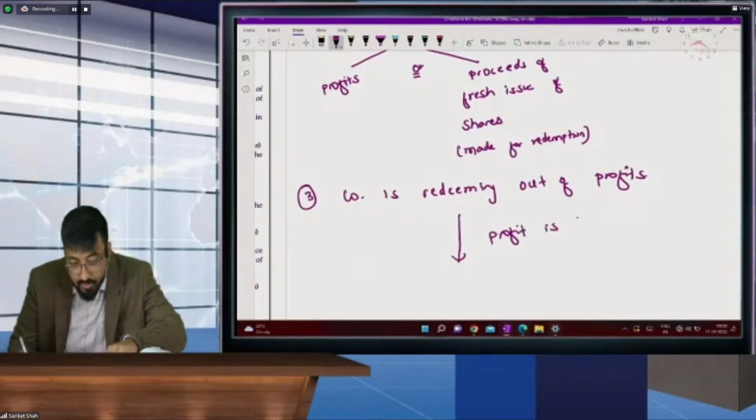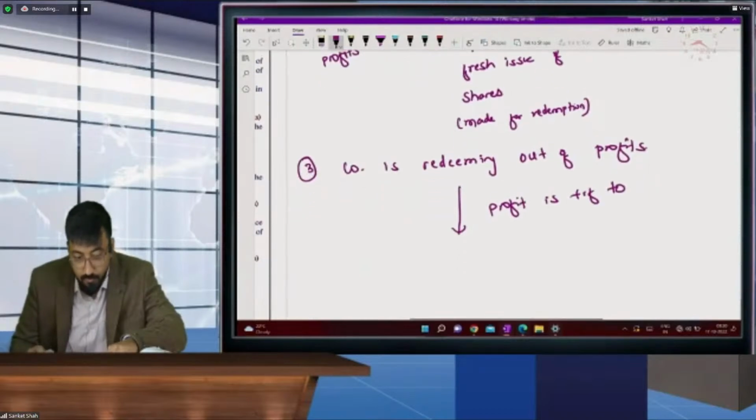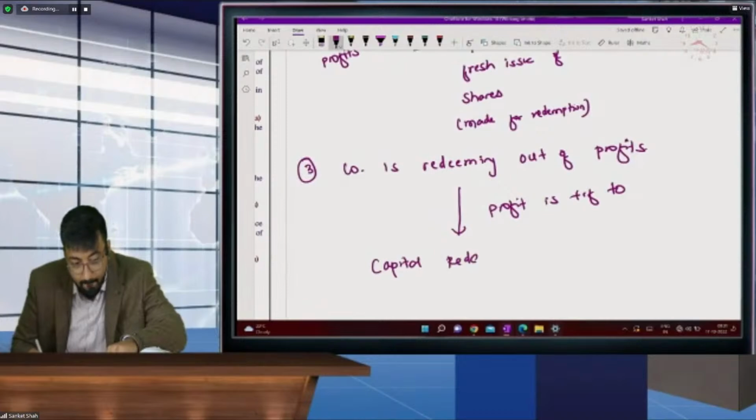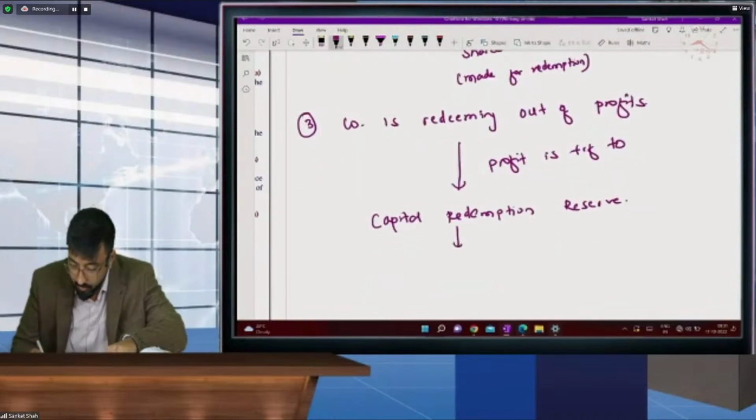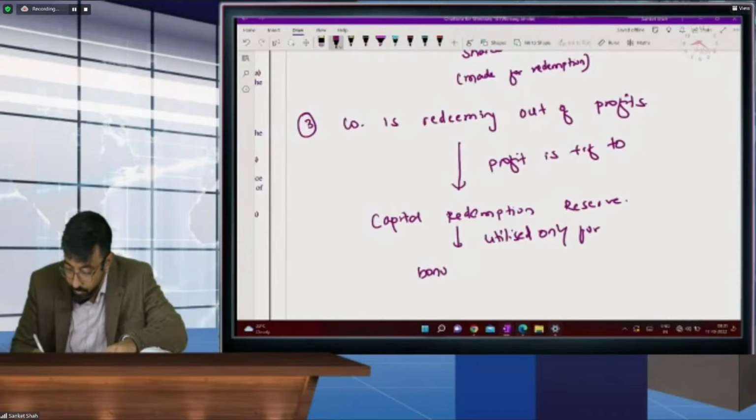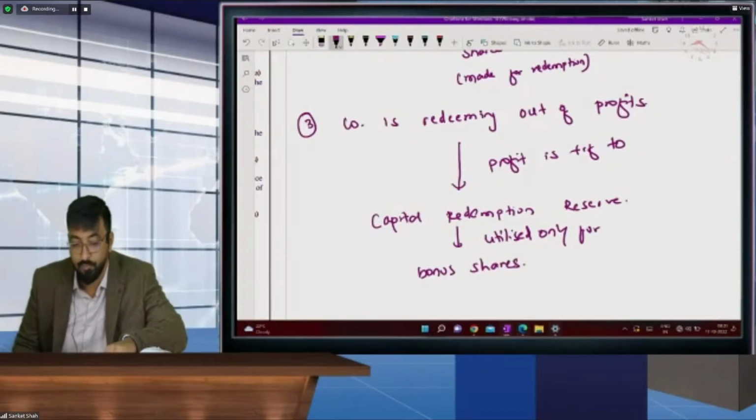Profit is transferred to capital redemption reserve, and CRR is utilized only for bonus shares. This is the third provision.